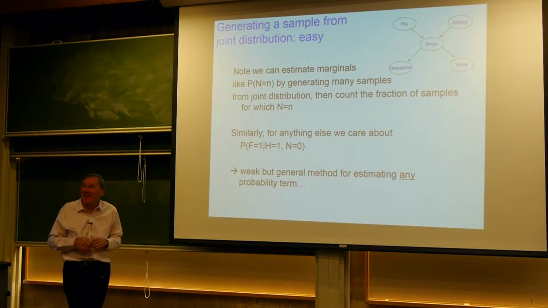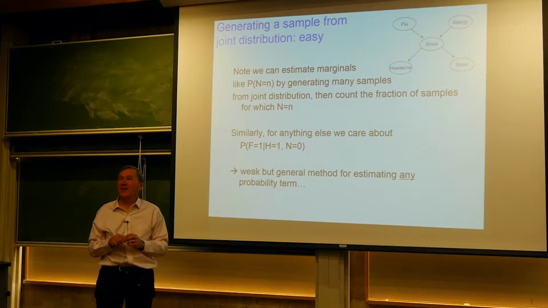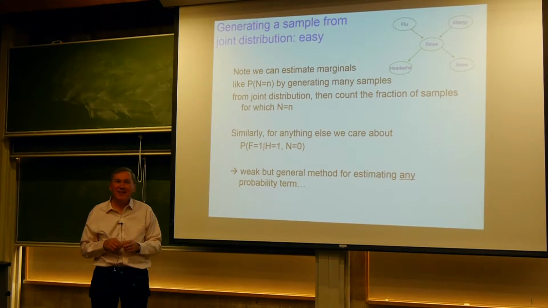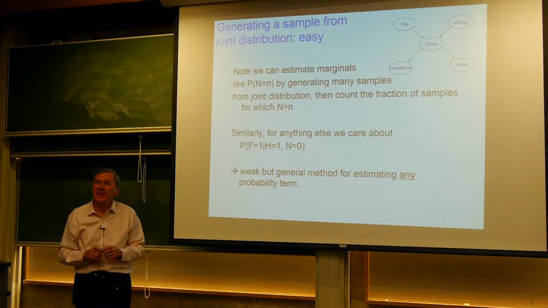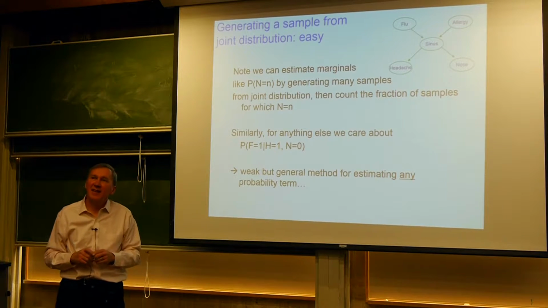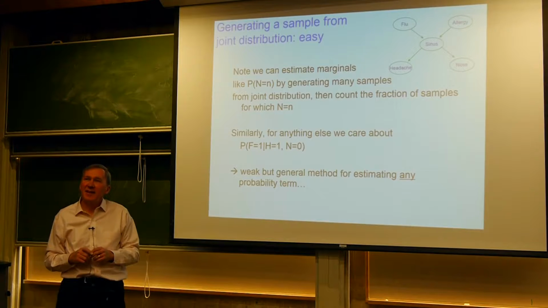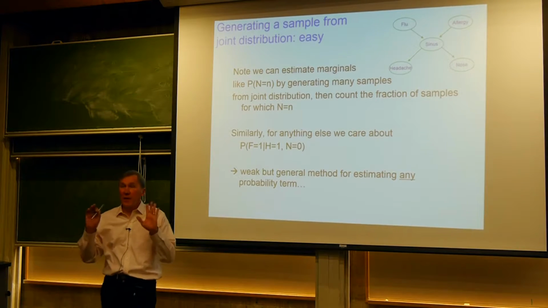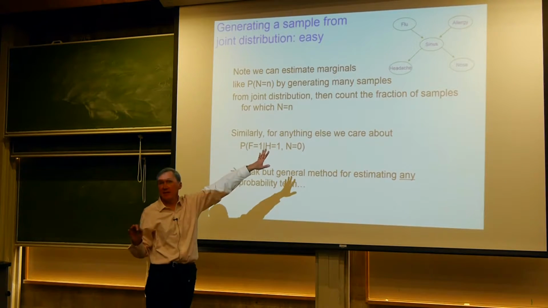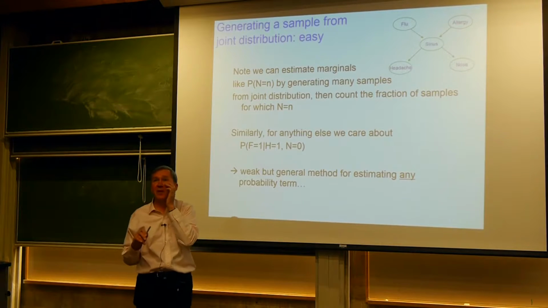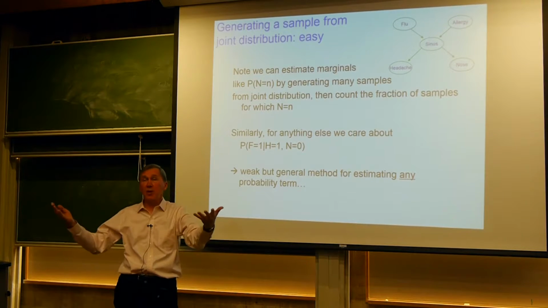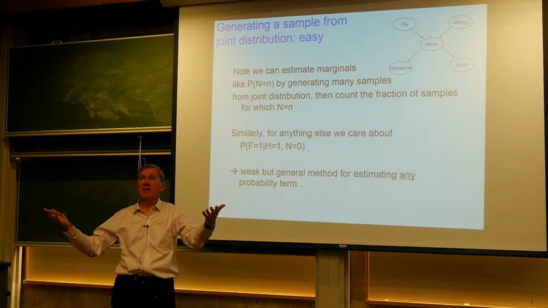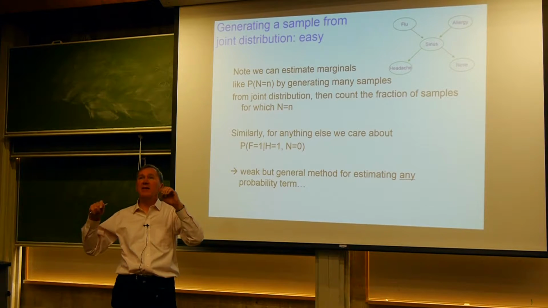All right, any comments, questions before we leave inference behind? Yes? I'm not sure how this helps us, because we don't know the distribution that we want to make this effective. Well, if we're given a Bayes net, including the conditional probability tables, then we do know the joint distribution, right?